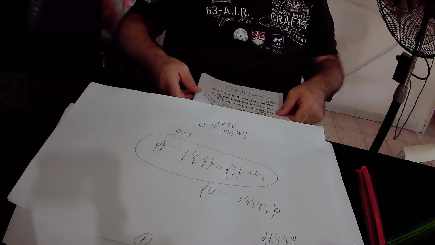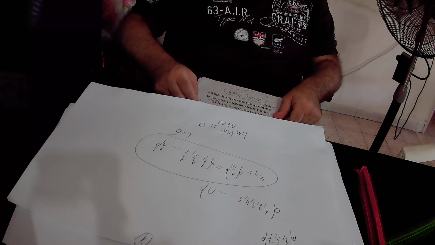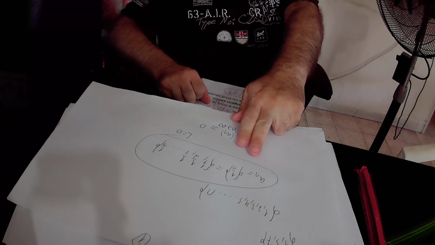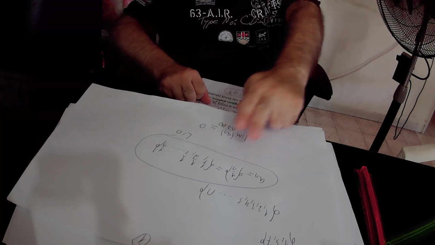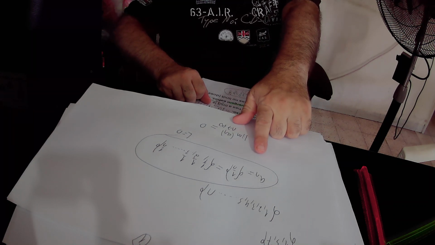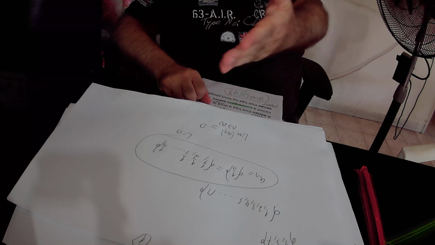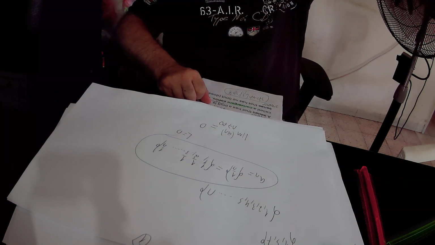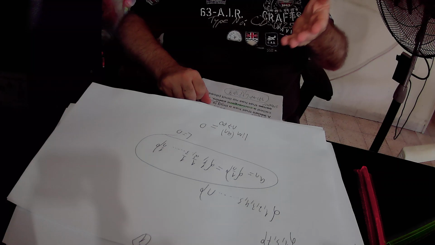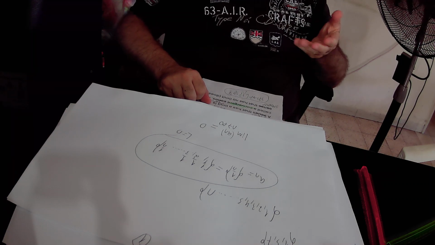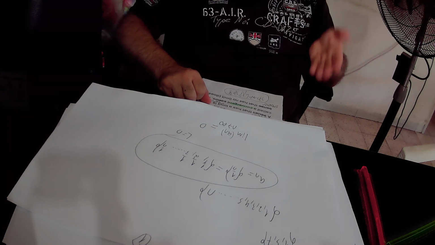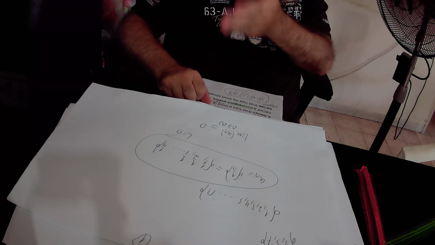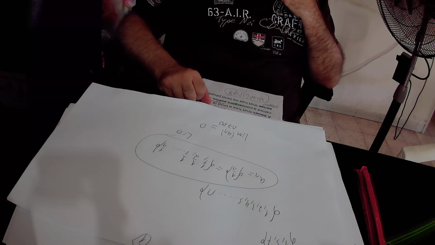For example, for the sequence an equal to 1 over n, the limit is 0. Why? As n increases, the members get closer and closer to 0.